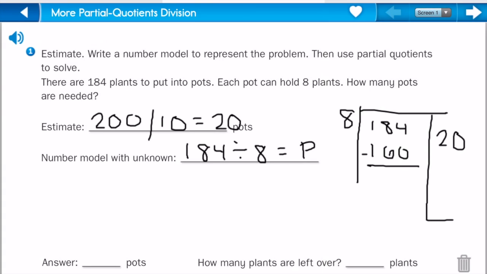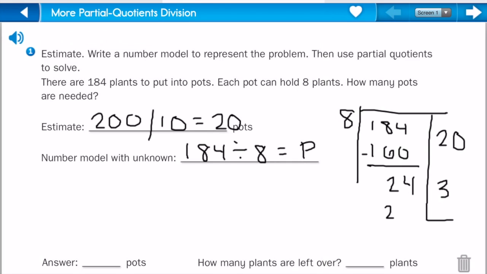So I'm going to subtract. 4 minus 0 is 4. 8 minus 6 is 2. Whoops, I gave you the answer. Okay, now I'm thinking, how many times can 8 go into 24? And luckily that's a fact that I know. 8 times 3 equals 24.